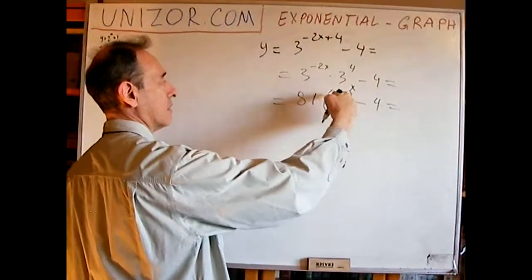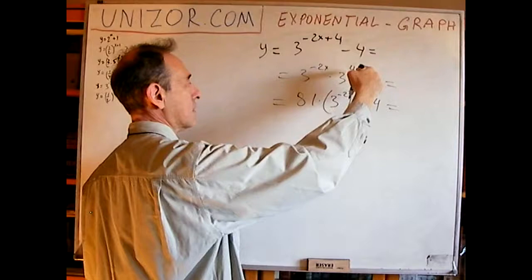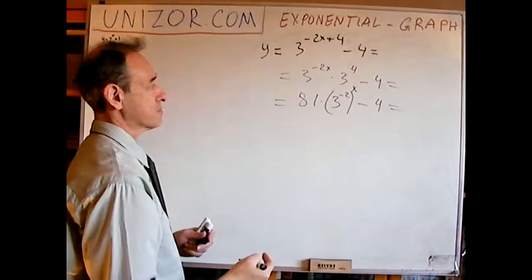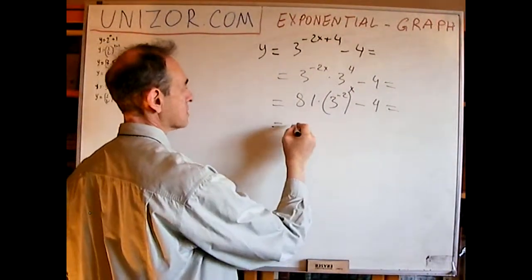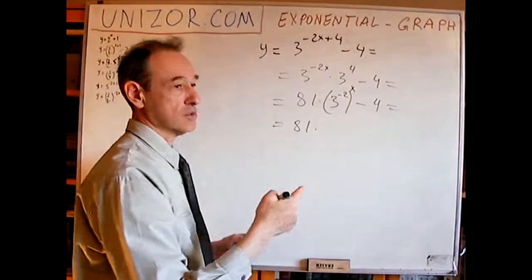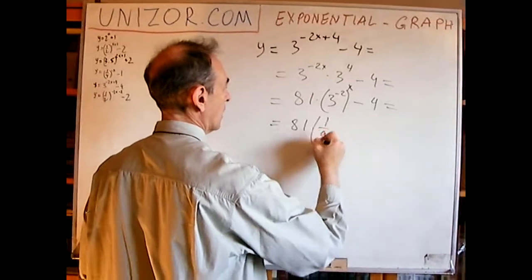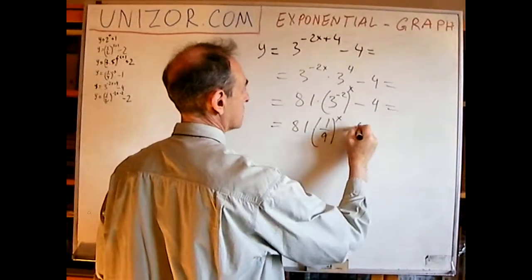Because if I'm raising something into one power and then to another, that's the multiplication of exponents, right? Which means 81 times 3 to the power of minus 2 is 1 over 3 to the power of 2, which is 1/9 to the power of x minus 4.